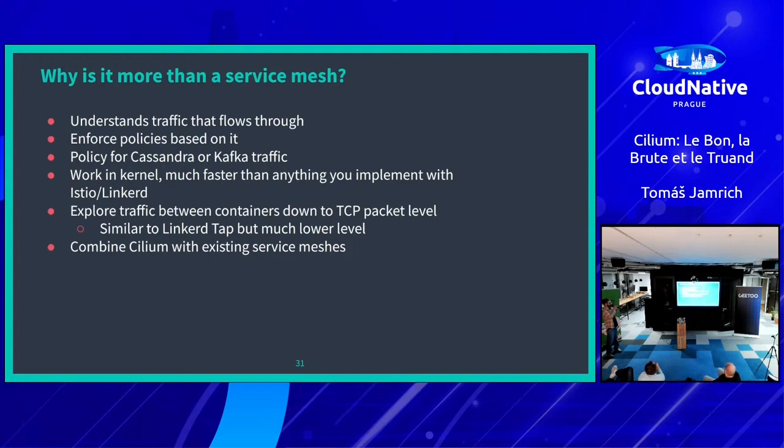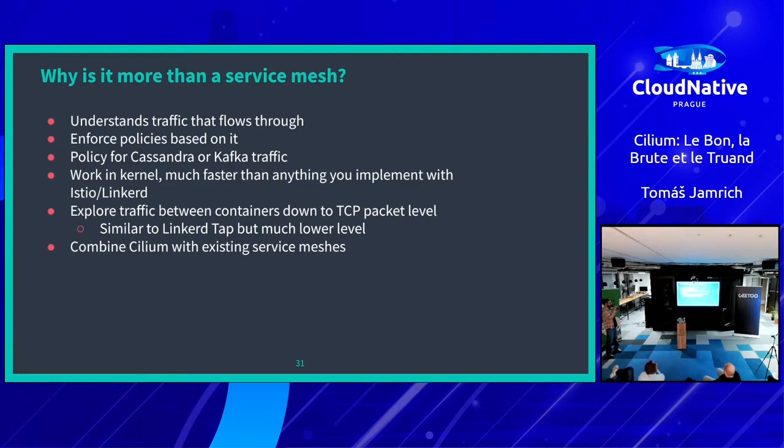It works in the kernel, which in the end means that it's fast in most cases, like blazing fast. You can explore the traffic between your containers down to the TCP level. It's similar to the tap feature of Linkerd, but you can observe at a much lower level.